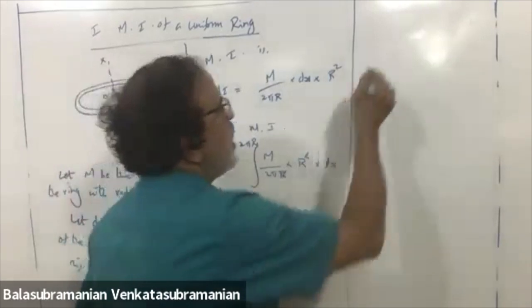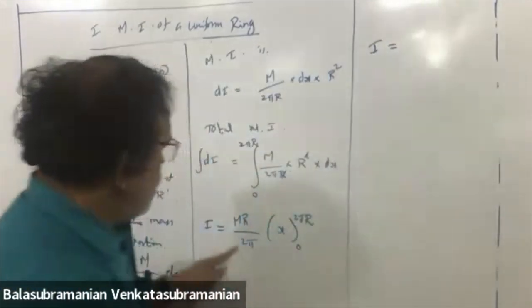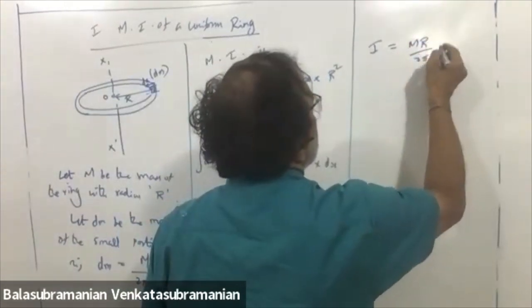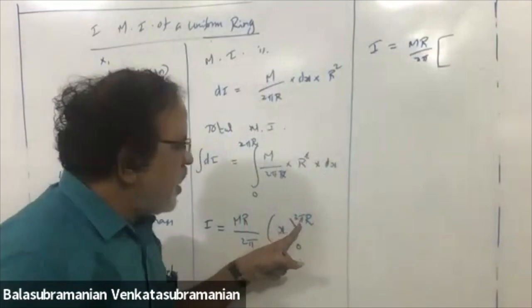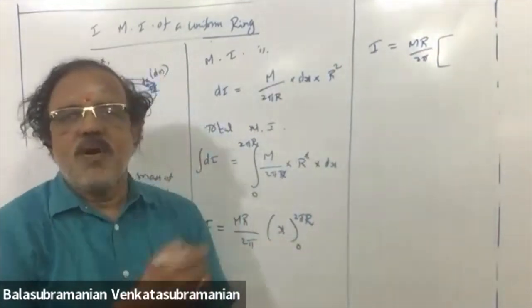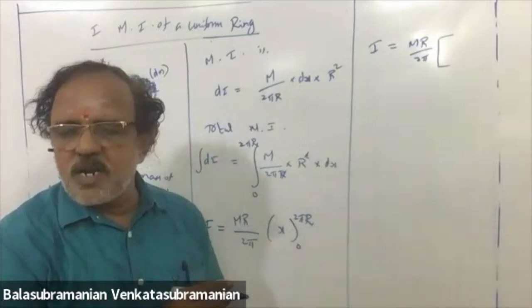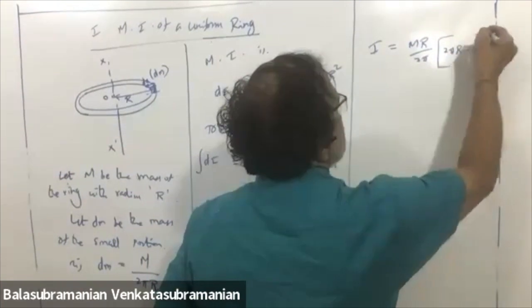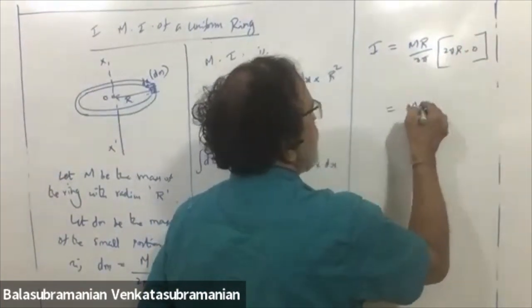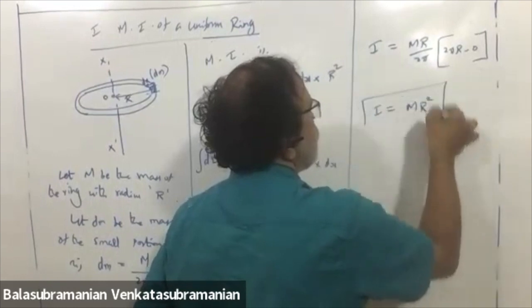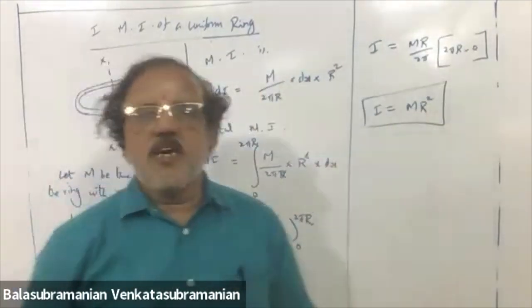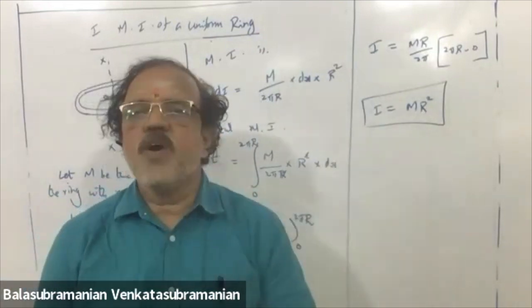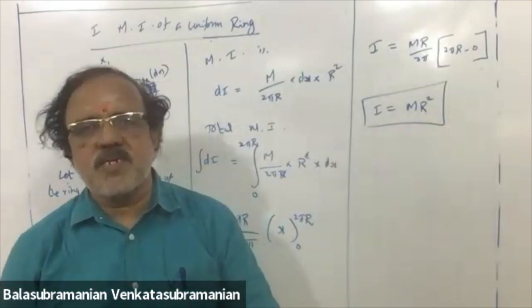So I is equal to mr by 2 pi, upper limit minus lower limit. What is the upper limit here? 2 pi r. Lower limit is 0. So 2 pi r minus 0. 2 pi cancels. You will get mr square. Moment of inertia of a uniform ring is I is equal to mr square.